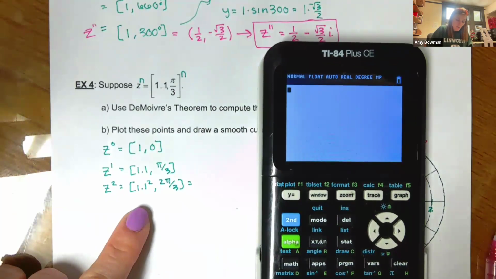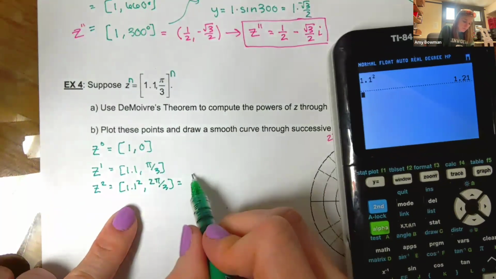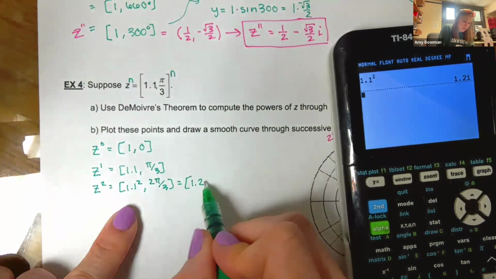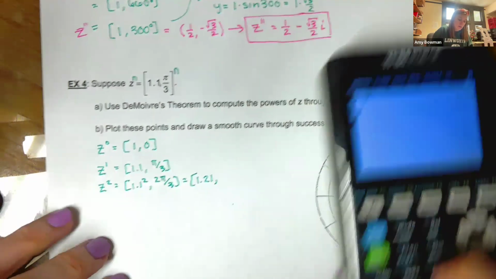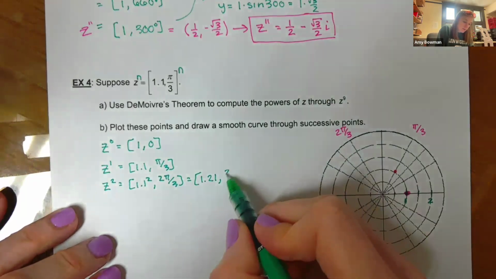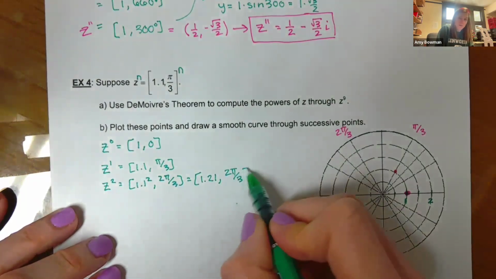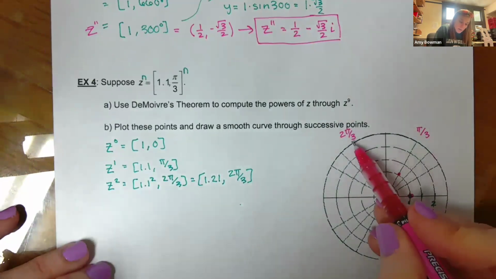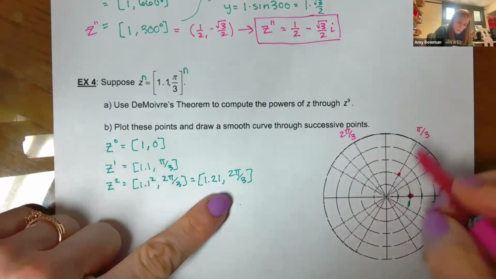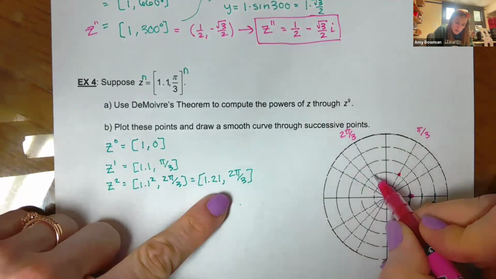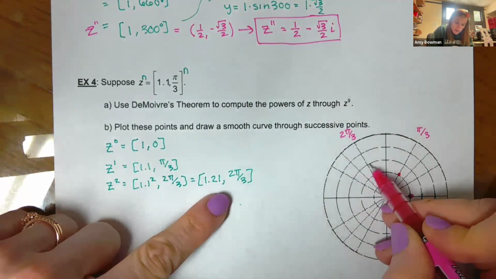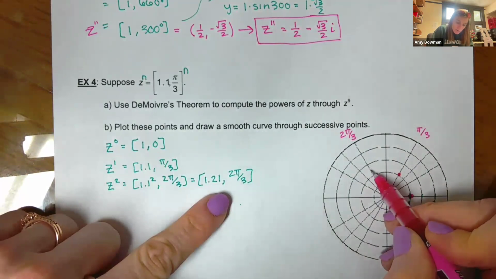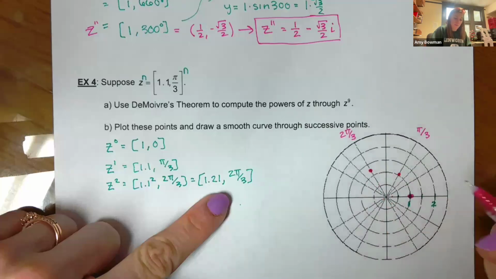That's going to be 1.1 squared, 1.21, comma, 2 pi thirds. So that is 2 pi thirds is here, and then 1.21. So here's 1, 1.5 is this next line. So 1.21 is going to be about right there.